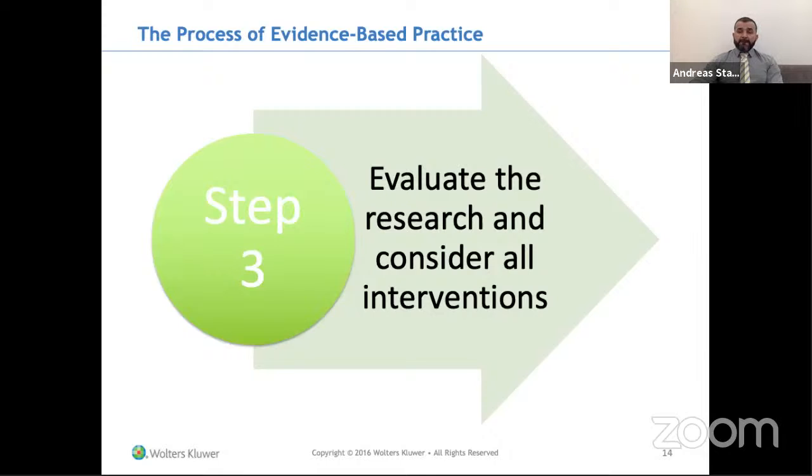You have to evaluate what you found, and everything has to go back to your research question. Everything has to go back to your question. Does this answer your question? Yes. Is this high quality evidence? Yes, you give it. If it doesn't, then it doesn't belong in any of your options, right? And or interventions, however you want to call it.